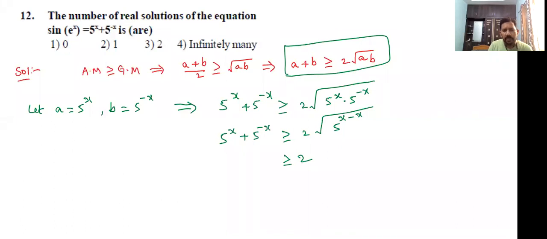What is the value of 5 power x plus 5 power minus x? Here we see sine of e power x. But we know that the range of sine theta belongs to the closed interval minus 1 comma 1, but this value is more than 2. So it does not belong to closed minus 1 comma 1.